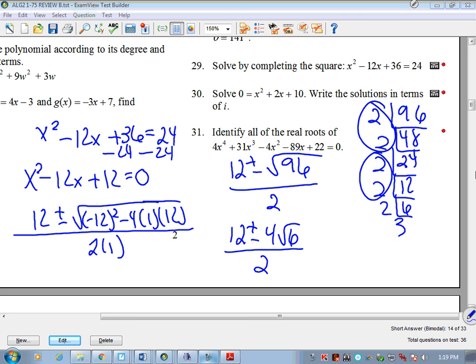Simplify that down, you're going to end up getting 6 plus or minus 2 radical 3. What was the answer? 6 plus or minus 2 radical 6. Oh, okay, that was my mistake. 2 radical 6, because you don't divide that by 2.